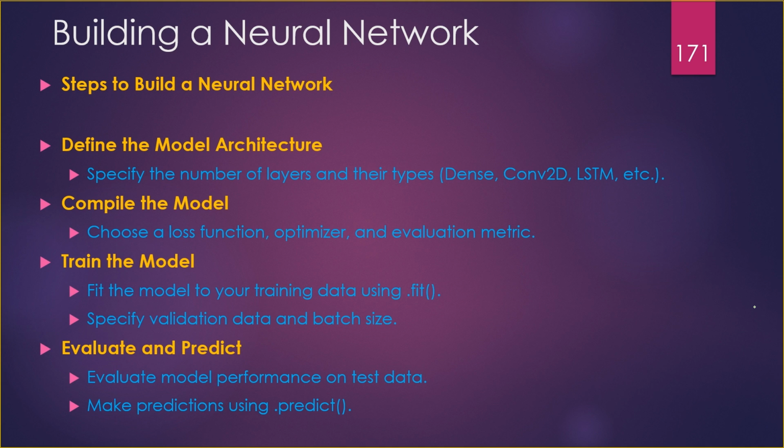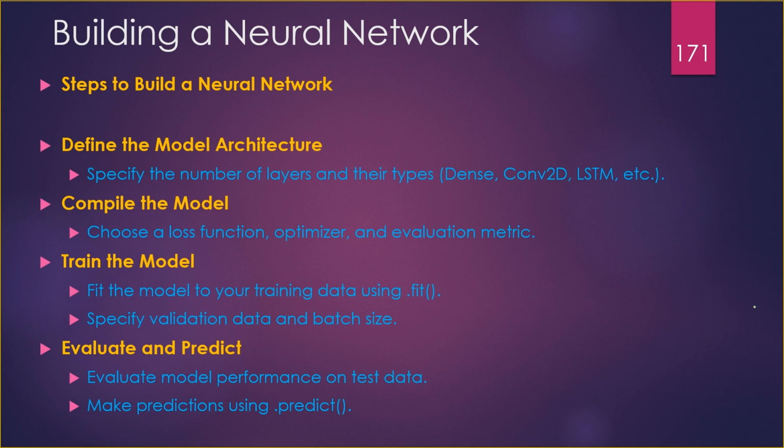It means that you have to specify the number of layers and their types. Types are given here in brackets, you see Dense, Conv2D, LSTM. What is this Conv2D, LSTM? We have not yet explored this. This is part of deep learning architectures. So you don't need to worry about that part. Just assume only the dense part.